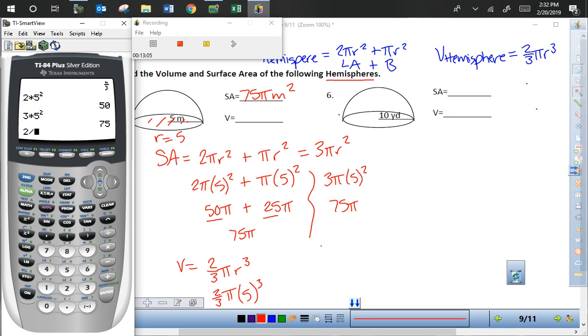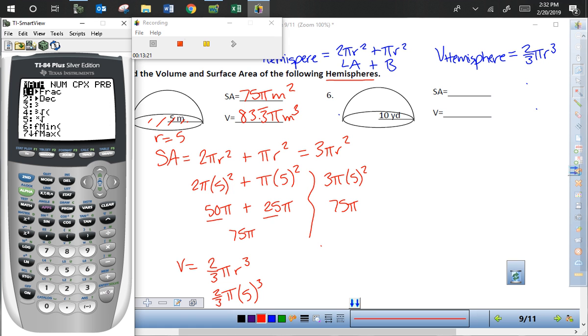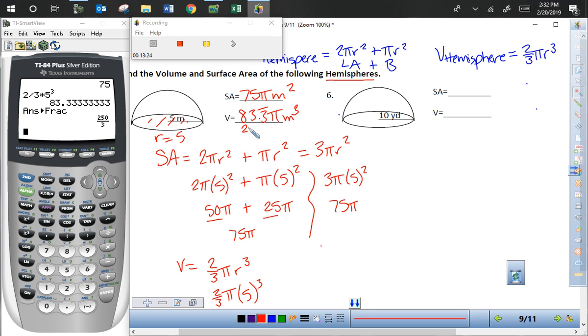Okay, so again, we may have fractions in our answer, but that's okay if that happens. In this case, it did, so we can write that as 83.3 with a bar over it, pi meters cubed, or if you prefer, you can change it to a fraction and call it 250 over 3 pi meters cubed.